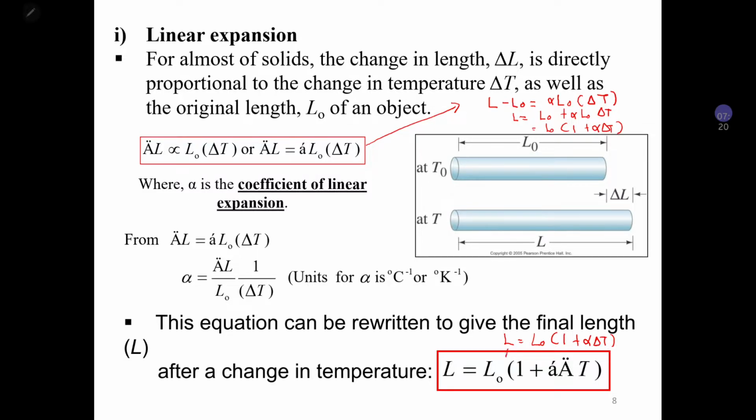L is the new length, L naught is the original length, and alpha is the coefficient of linear expansion, and delta T is the temperature difference.